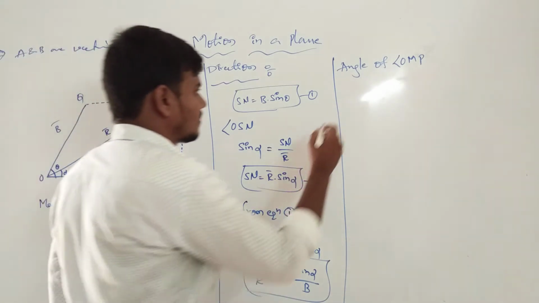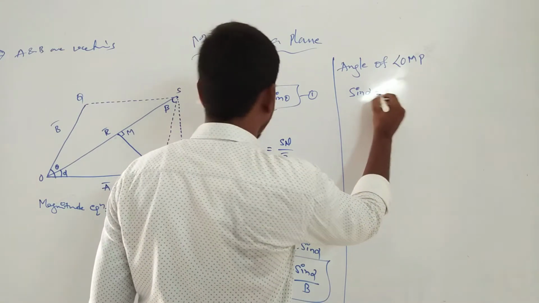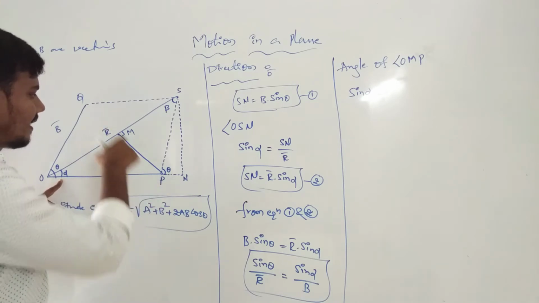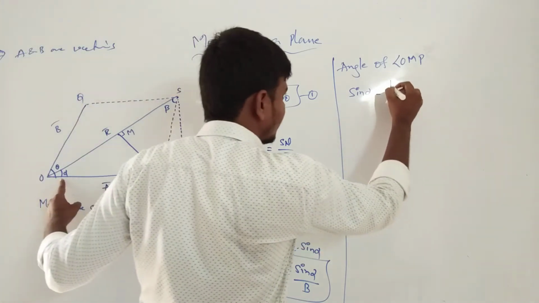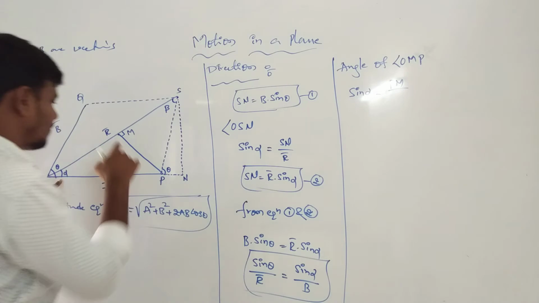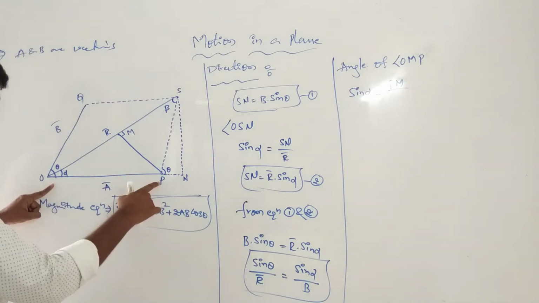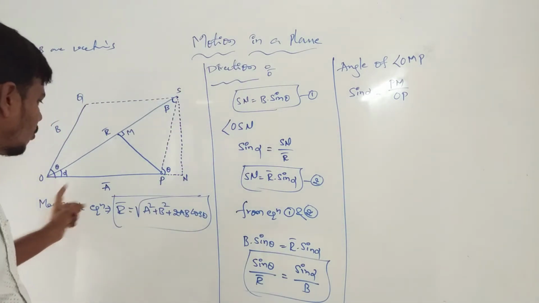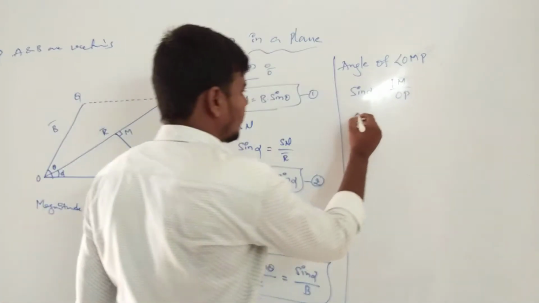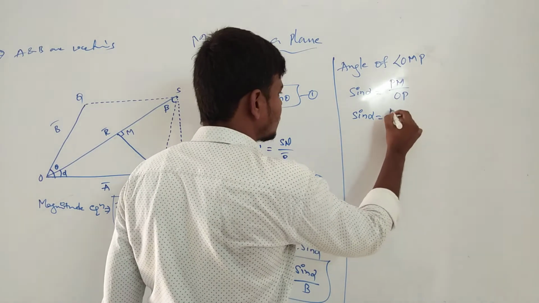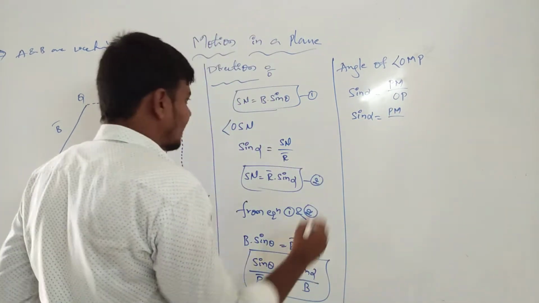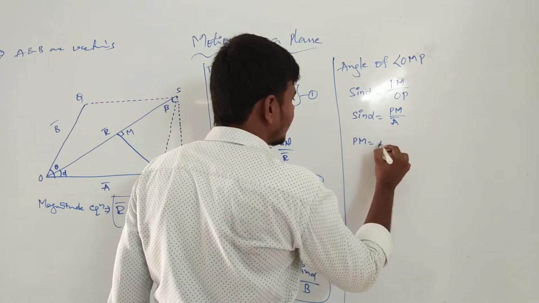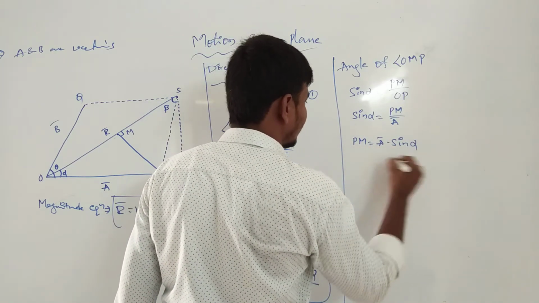In the sine representation we use opposite, PM, by hypotenuse, OP. OP means we are taking A bar. Now sin alpha is equal to PM by A bar. Now PM is equal to A bar into sin alpha.